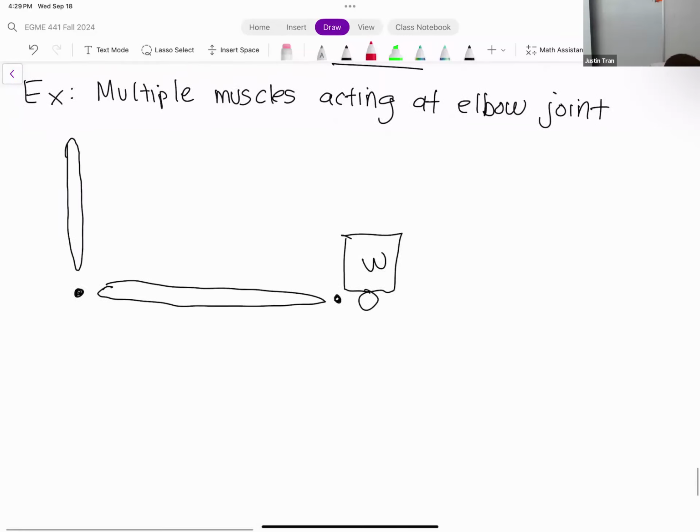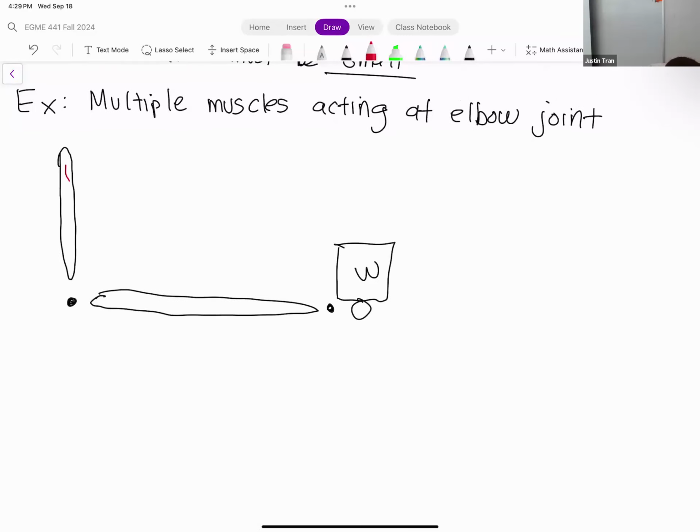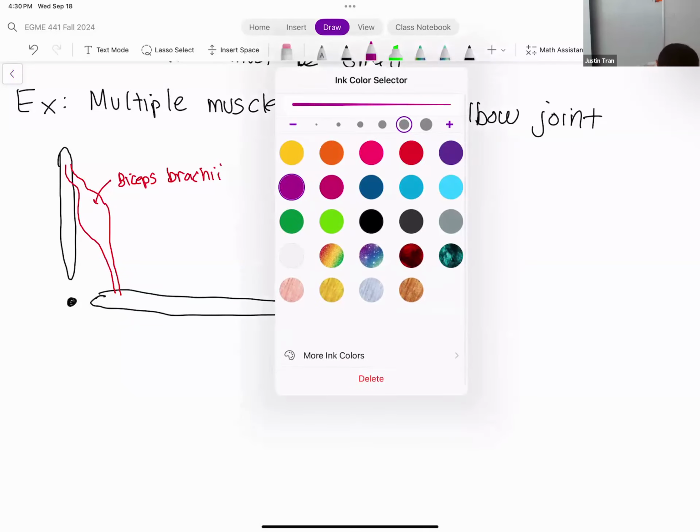Let's start with the muscle that we considered last time, the biceps brachii. So that's one muscle. The next muscle that comes down is the brachialis muscle, so I'll use another color for that.